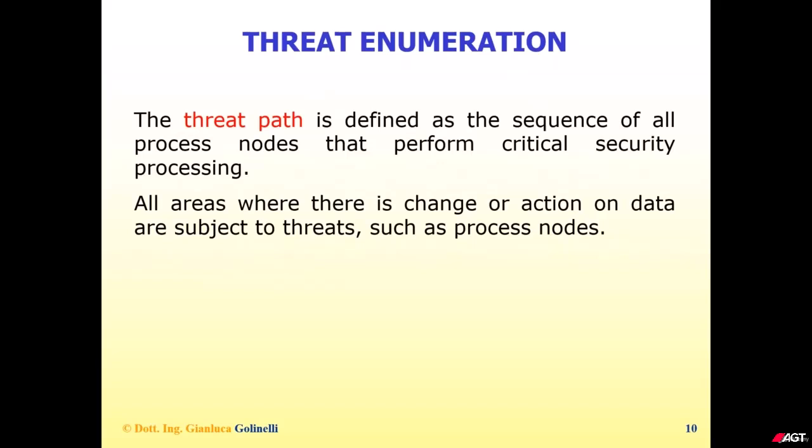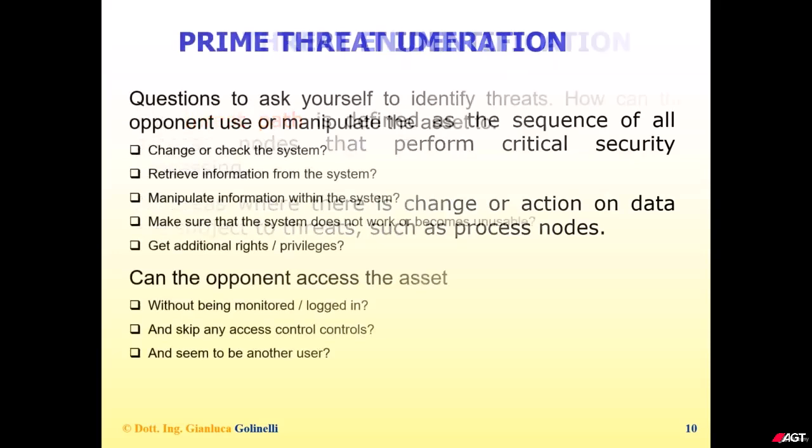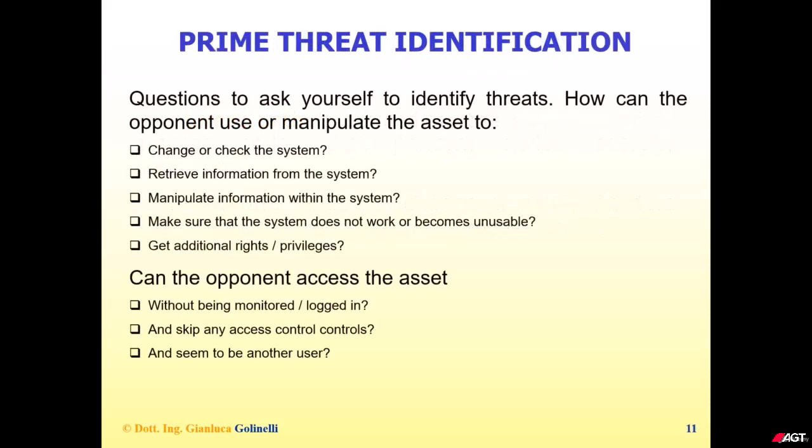The threat path is defined as the sequence of all process nodes that perform critical security processing. In this slide, you can find some examples of questions you can ask yourself to identify possible threats looming on the data flow diagram architecture.